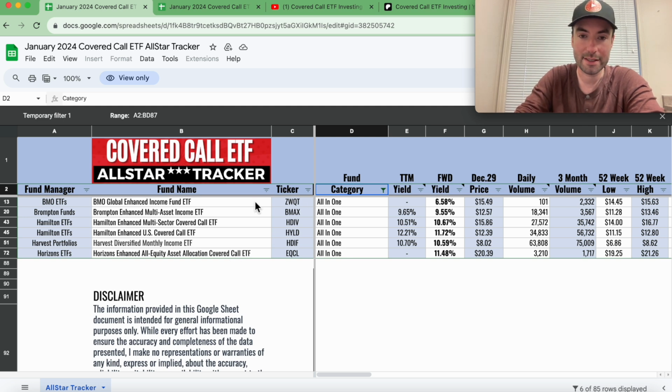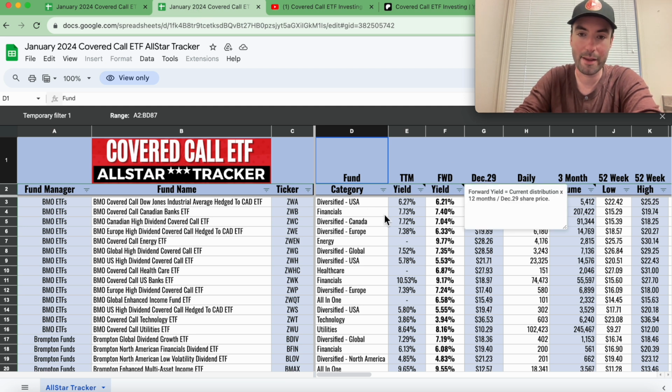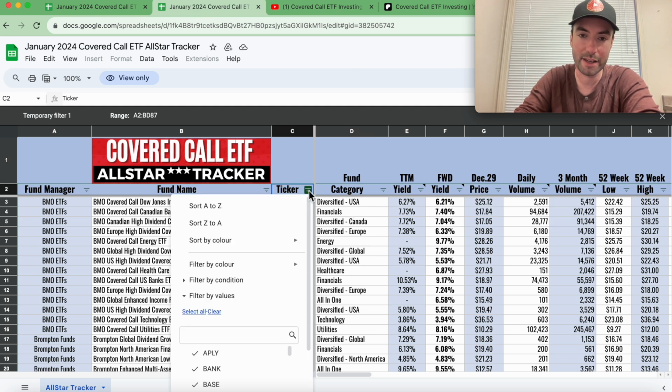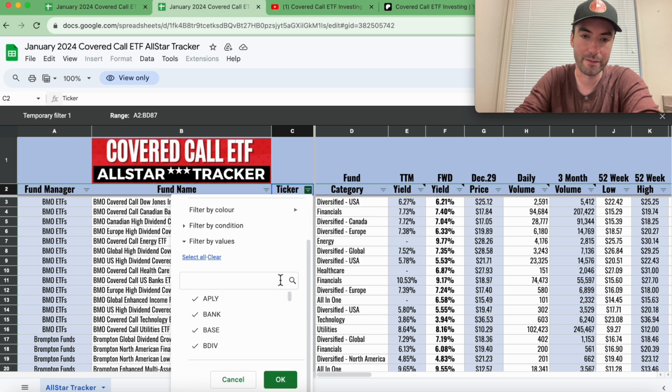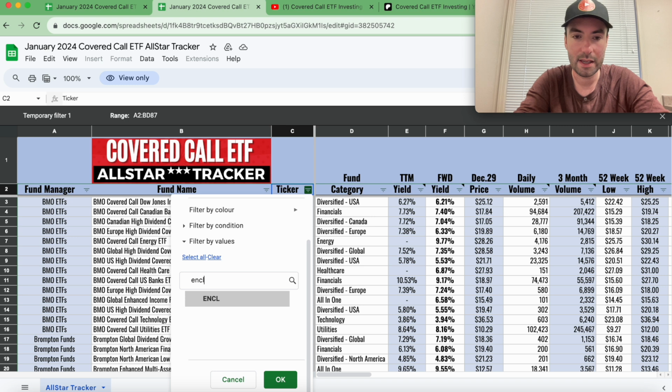So these are the 6 all-in-one funds we're going to be looking at, and we'll compare it against, let's call it, 6 sector funds. So for this example, instead of going over to fund category, I'm just going to pick out a bunch. I'm going to go ENCL.